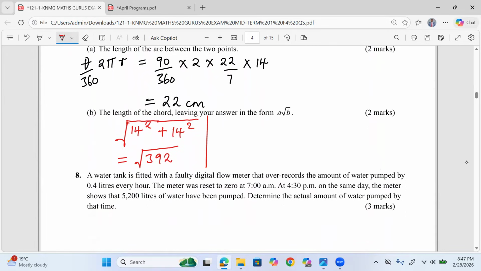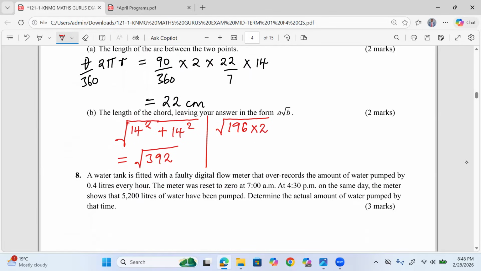Let's check. Inside the 392, when I divide it by 2, I'm getting 196. Yeah, so 196 is a perfect square, or it's a rational number.